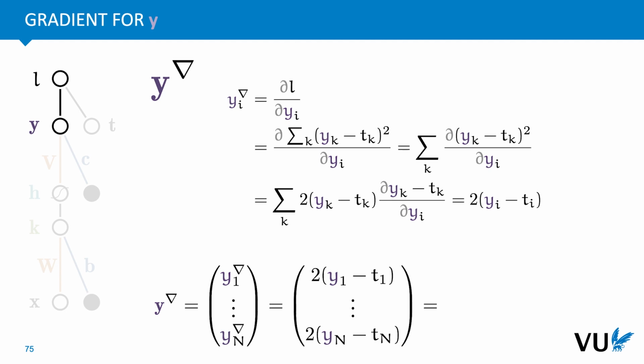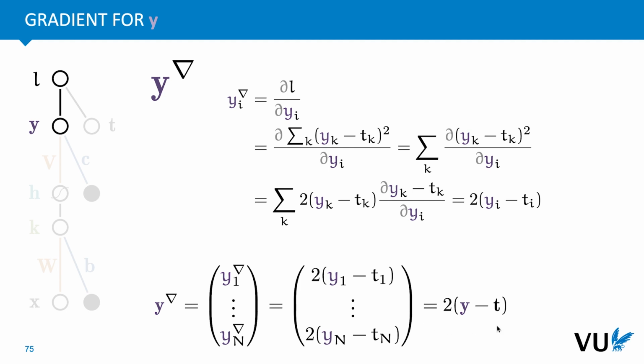And for every element of that vector, we can compute this function here, which gives us this vector over here, which we can compute as follows by simple linear algebra. So that gives us a vectorized expression of how to compute the gradients for this node in our computation graph.